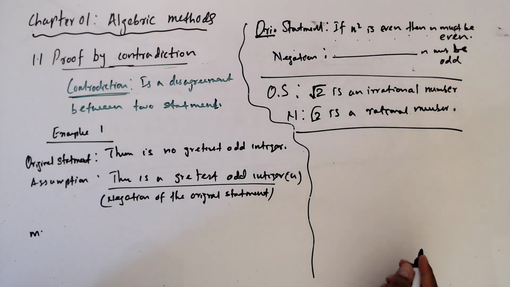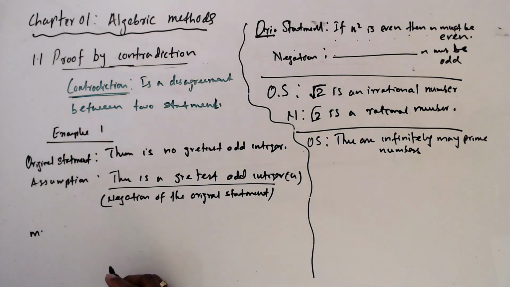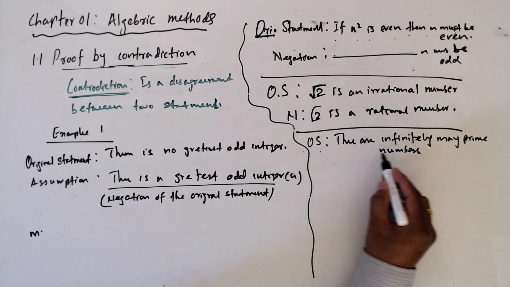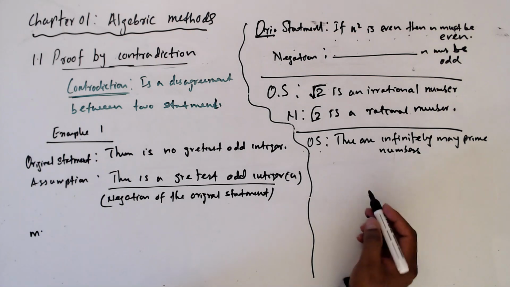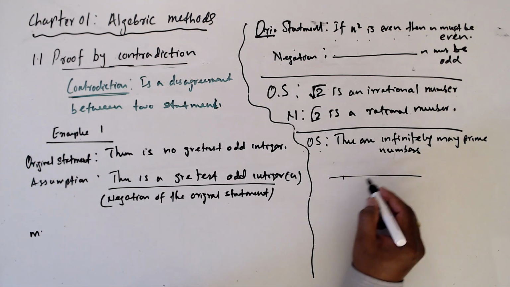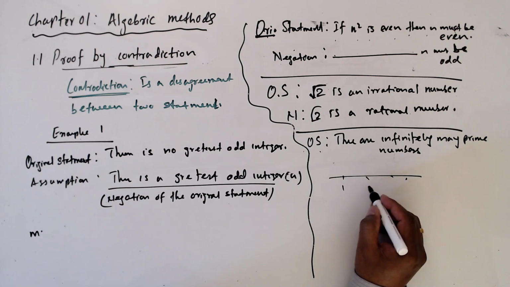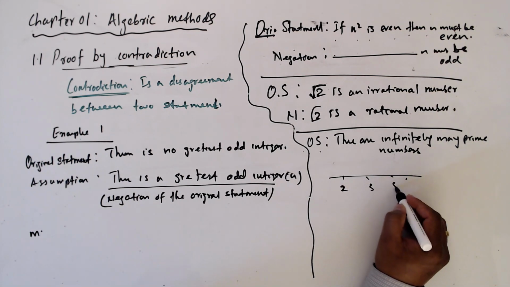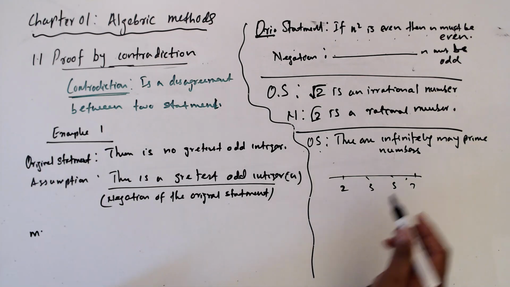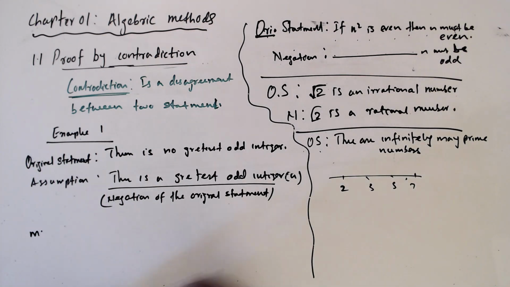We'll discuss another one. The original statement is there are infinitely many prime numbers. Is this true? Yes. On the number line, 1, 2, 3, 5, 7, likewise up to infinity, there are an infinite number of prime numbers. That is true.